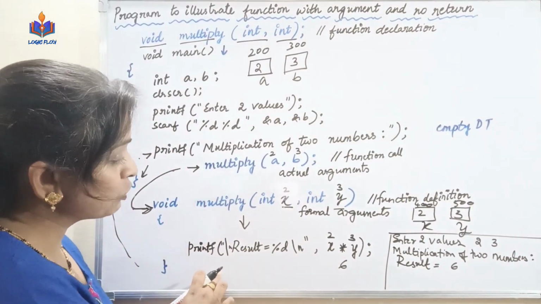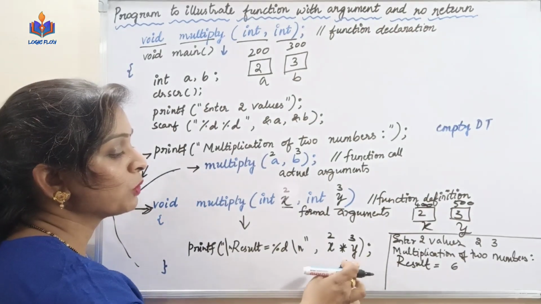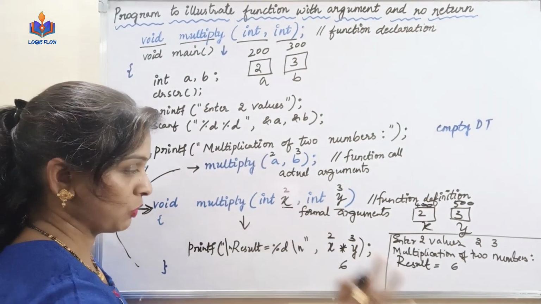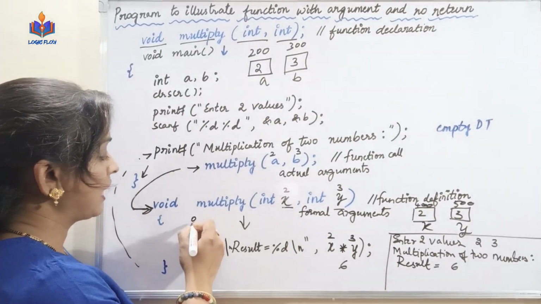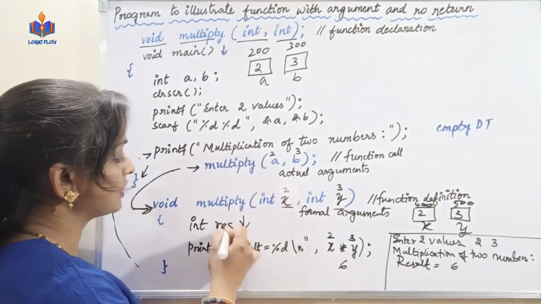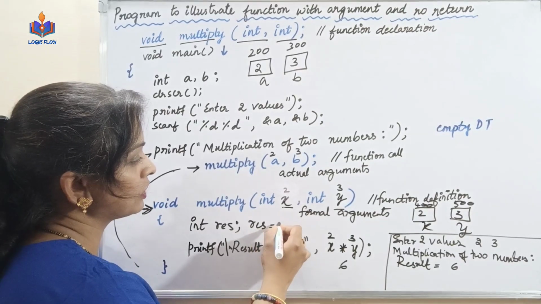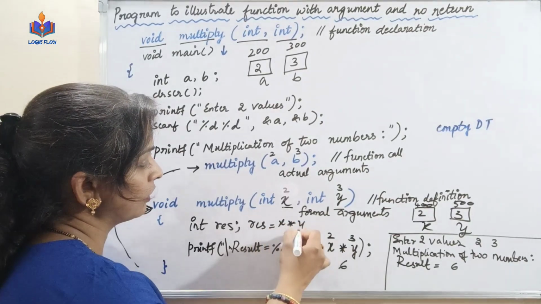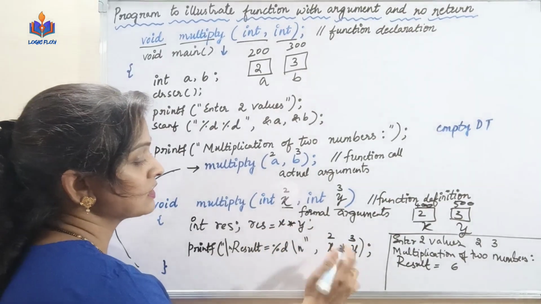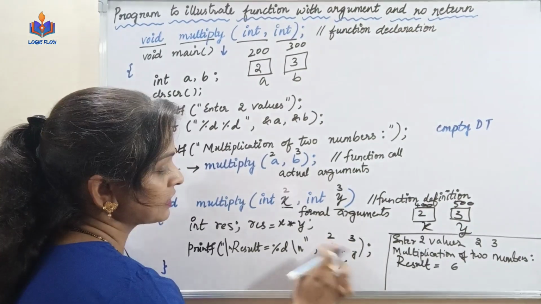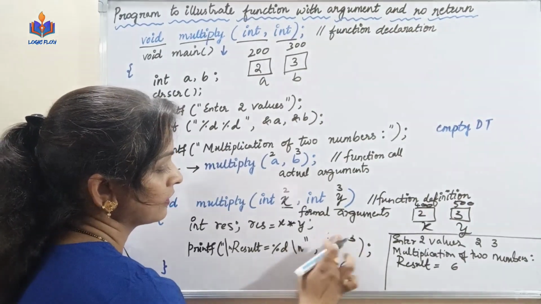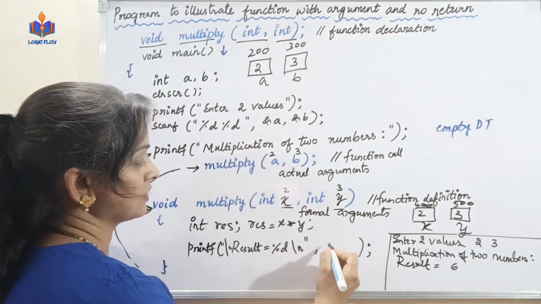And one more thing to tell here, I have straight away computed to save the memory. You can also use one more memory here. I say int result. Okay. Then you can say result equal to X into Y. This also. Then I can simply say, instead of X into Y, you can say result.